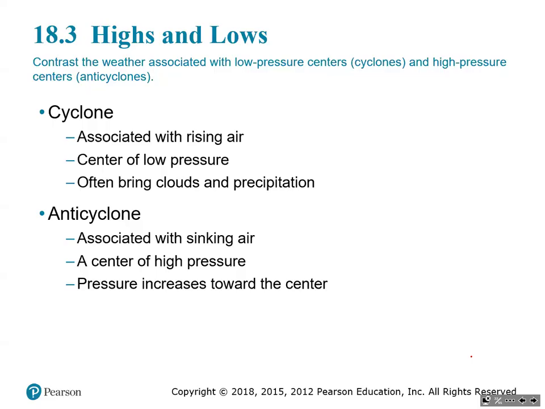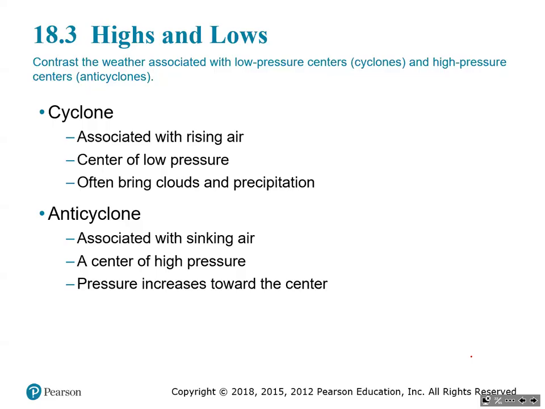So they're centers of low pressure. They often bring clouds and precipitation, because that rising air, as it rises up, the water vapor in it condenses, creates clouds and precipitation. So low pressure cyclones, you get rain.